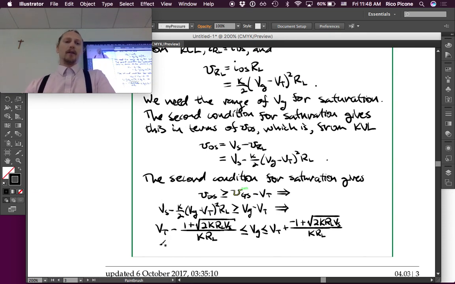The lower bound, though, remember there are two conditions. The first lower bound was that VG had to be greater than VT, which is stricter than this bound, right? Because VT minus some positive number is less than VT. So we're going to replace this with VT, less than or equal to the same stuff.